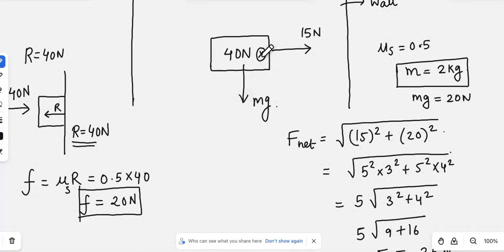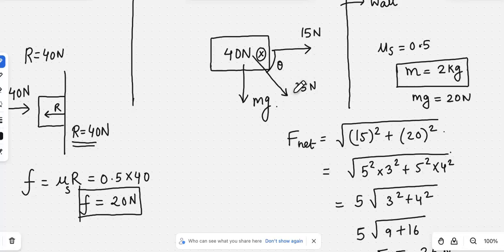Now what is the direction of its motion? In which direction it will move? So it will be moving somewhat like this, 25 Newton force. But what about this angle? We have to find out the direction, because they have asked if it moves, find the direction in which it is moving. So let me write this angle as theta here.